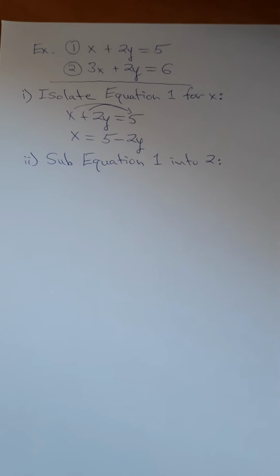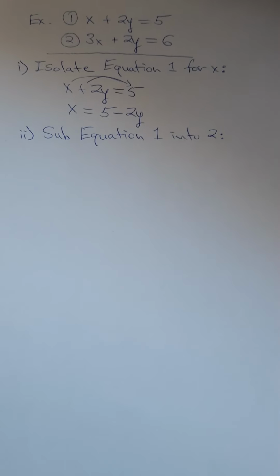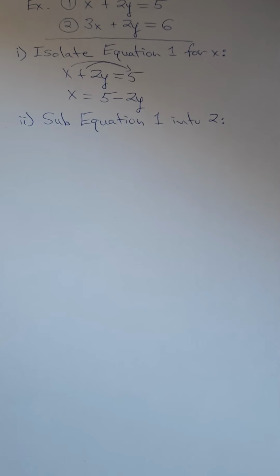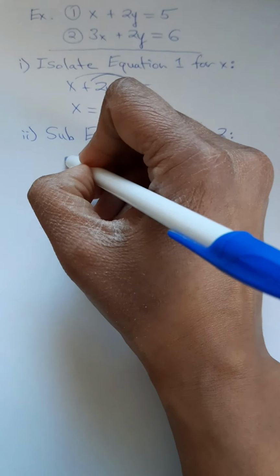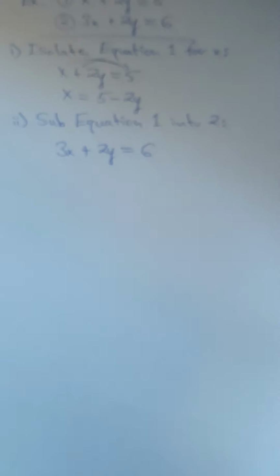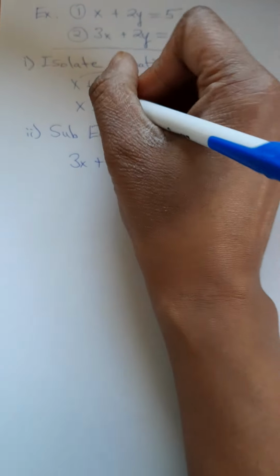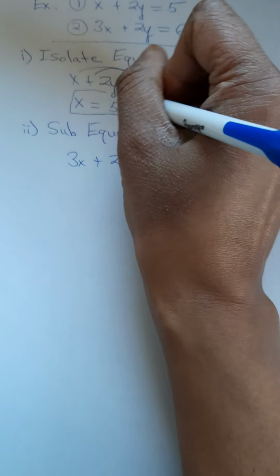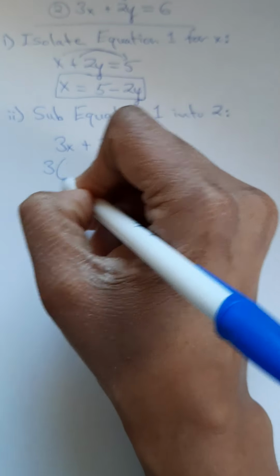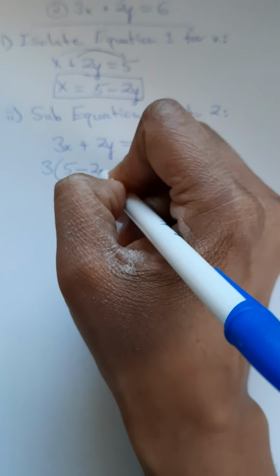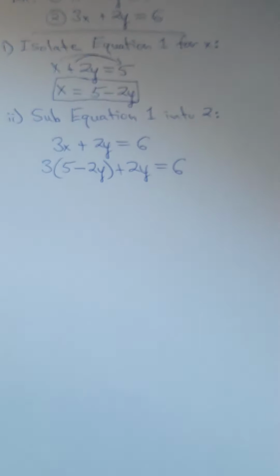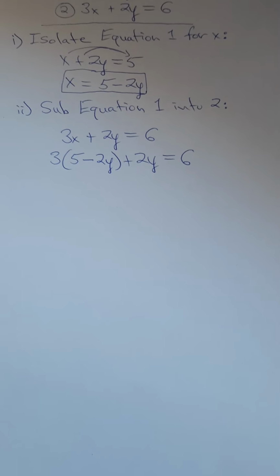The steps I'm using here are the ones that are simplified for me, so I don't have to do extra work. I've isolated for x, so instead of x here, we're going to put 3 times 5 minus 2y, plus 2y is equal to 6. Everyone see that?